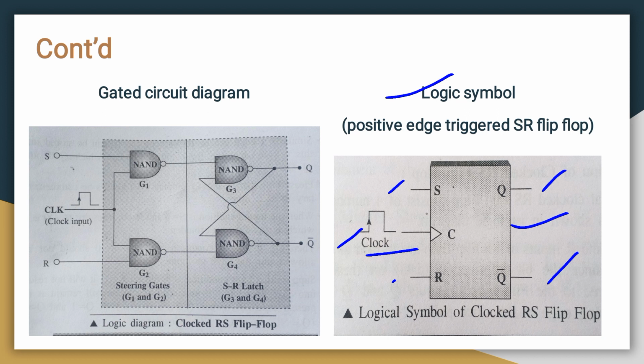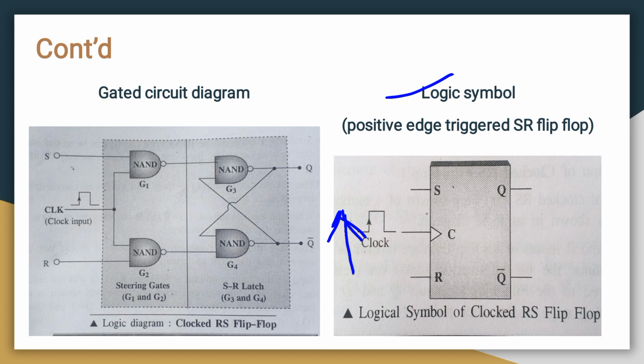So this is about the logic symbol and we are going to use here the positive edge. You must concentrate on this, that it is a positive edge. So see the clock pulse, it is a rising edge. Rising edge is nothing but the positive edge trigger. So the state is going to change only when the clock goes from 0 to 1, that is, at a rising edge.